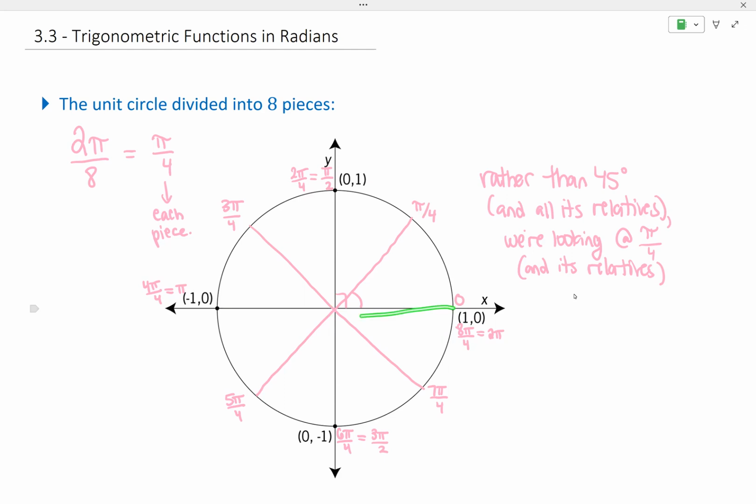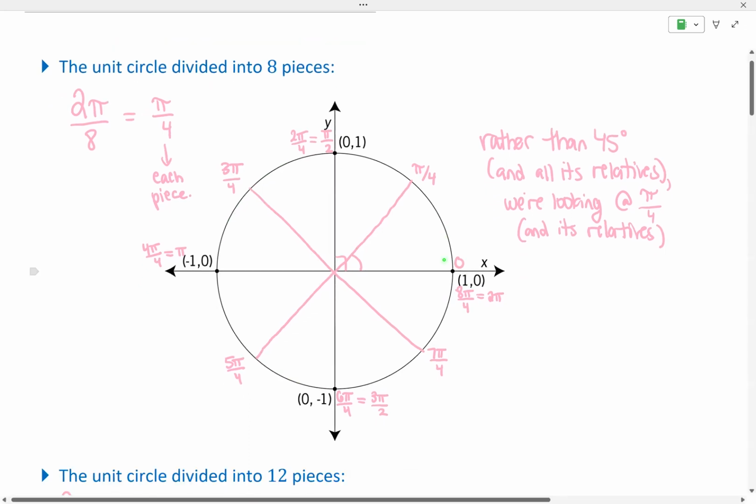And if we then cut that in half, we can see that's going to be pi over 4. This is 3/4 pi, and the rest kind of happen similarly. And again, don't forget that an entire circle is 2 pi radians. So pi over 4 is the radian version of 45 degrees. So this is basically all of its relatives.